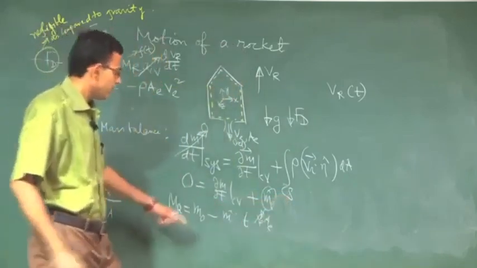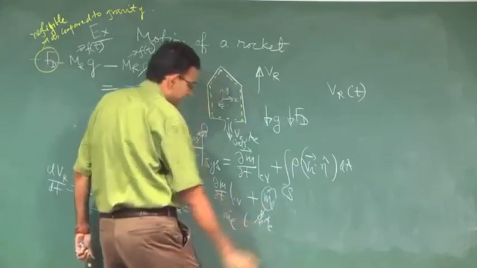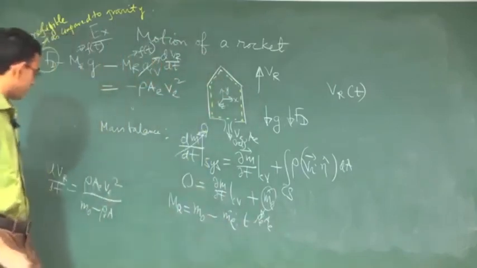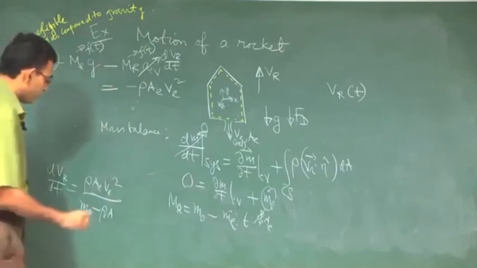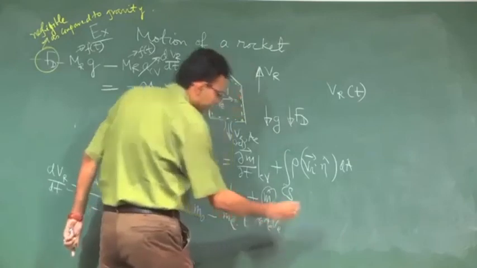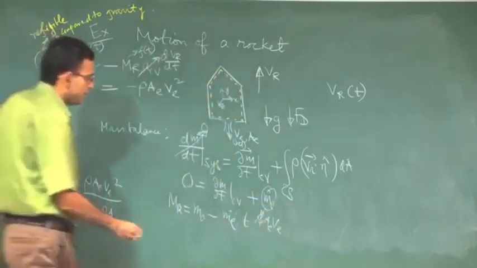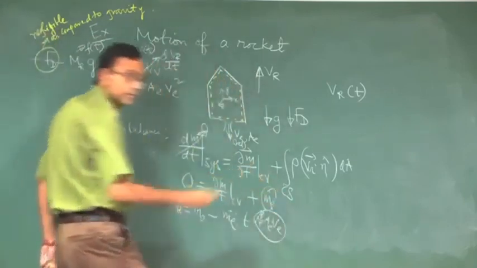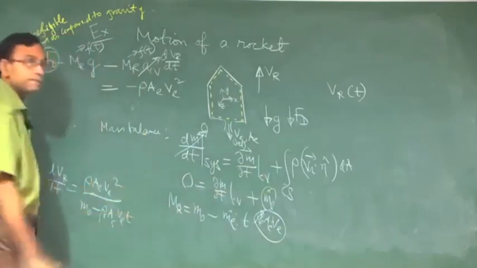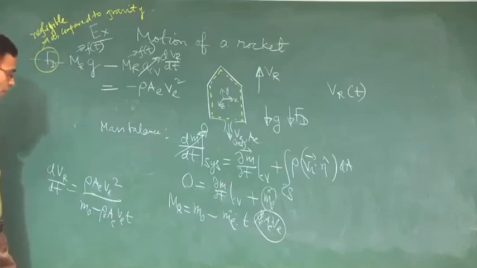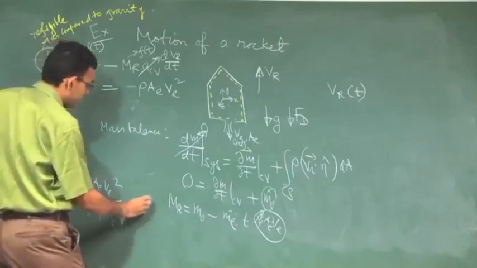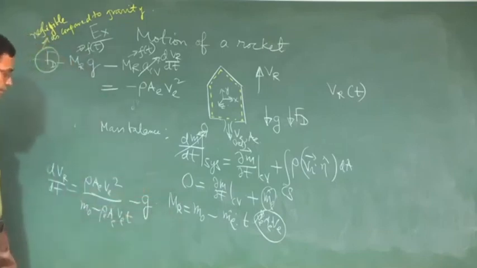So m dot E into T, where m dot E is rho E into V, A, so rho E A V into T, this one minus G, right.